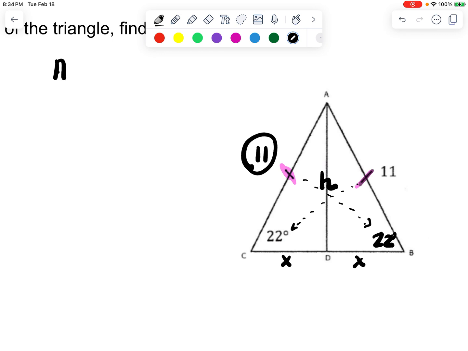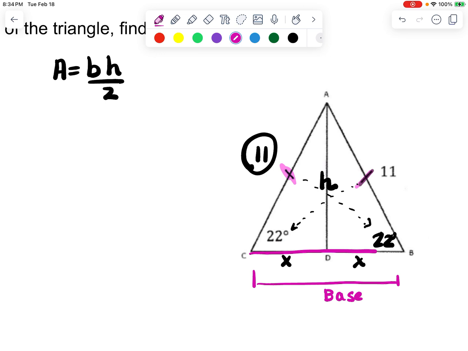Okay. I'm going to write area is going to be equal to base times height divided by 2. This whole thing is the base. So when I get X, I've got to multiply it by 2 to get the entire thing all the way across. Okay. So let's go get X first. So here I've got adjacent and this is hypotenuse. So I'm going to have cosine of 22 degrees is equal to, remember, I'm only dealing with this triangle.